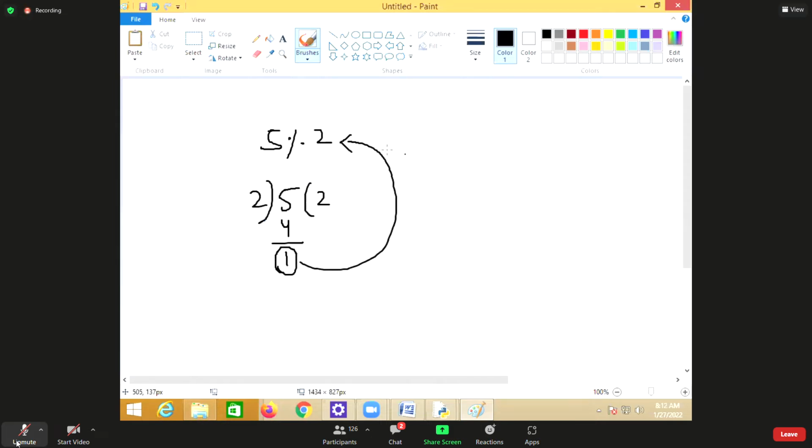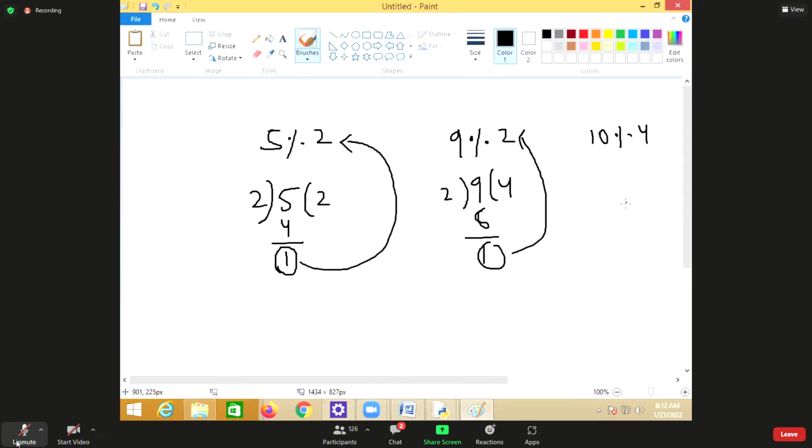In the same way, if I say 9 mod 2, how many times do you divide? 4 times. And the remainder is 1. So the result is 1. Suppose 10 mod 4.